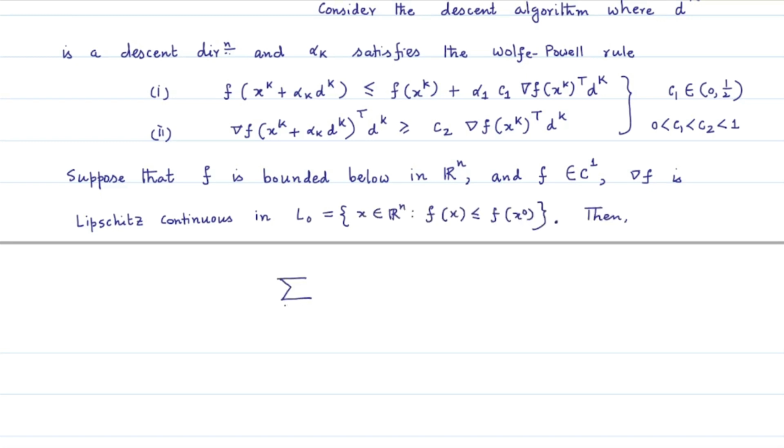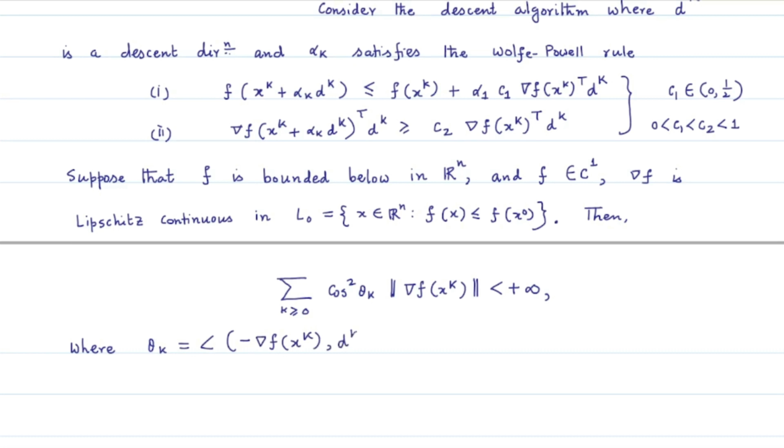Then the famous Zoutendijk condition is satisfied, which says that the summation over k greater than or equal to 0 of cosine square theta k times norm of grad f xk square is a convergent series, which we denote by less than positive infinity, where this angle theta k is the angle in between negative gradient at xk and dk.